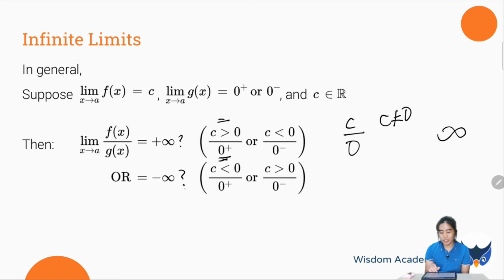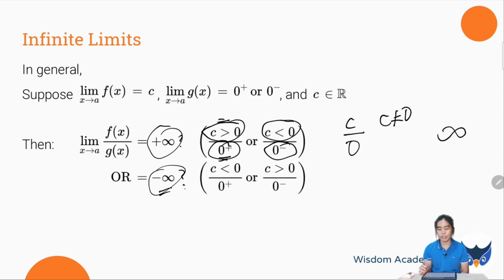Negative over negative din, positive infinity. Ganun din, negative over positive, tsaka positive over negative, negative infinity. So, sign conventions lang yung magiging problema natin dito. Kailangan lang natin tignan yung sign ni numerator and denominator para malaman kung ano yung sign ni infinity.